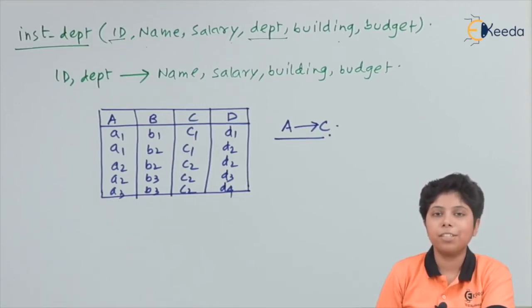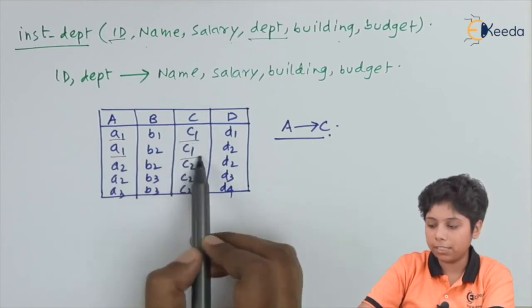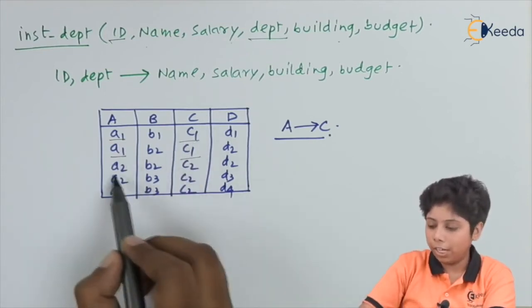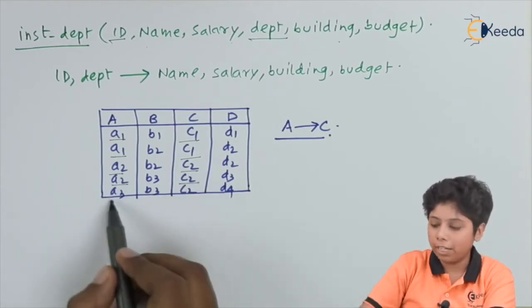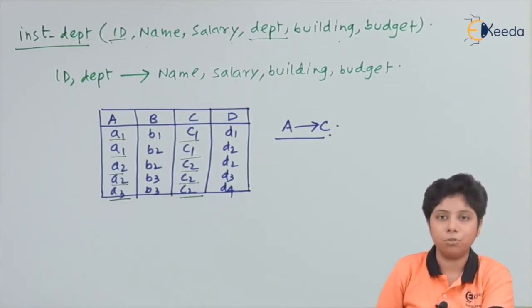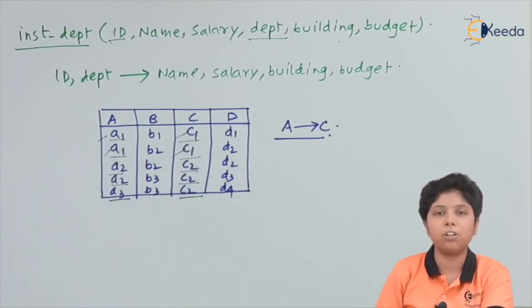If we check A defines C, we can see that there is A1 and A1, for that C1 and C1. For A2 and A2, there is C2 and C2. And for another A3, it also goes with C2. So if there is a repetition of A values, there is also a repetition of the corresponding C values.